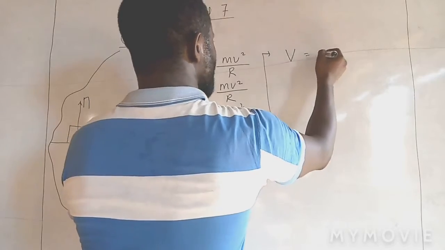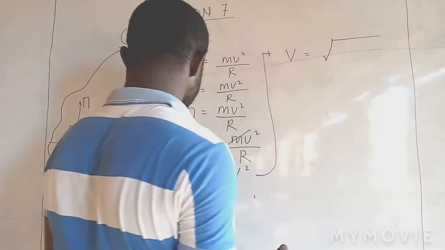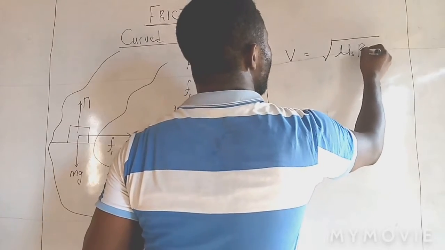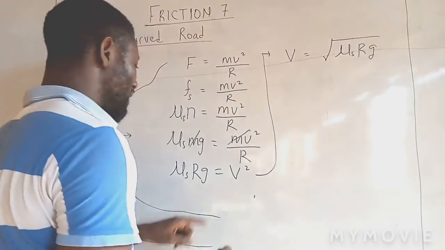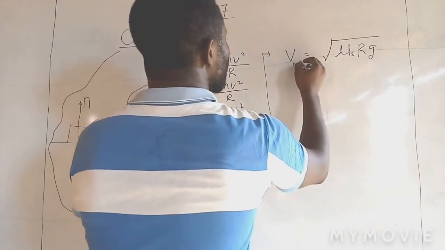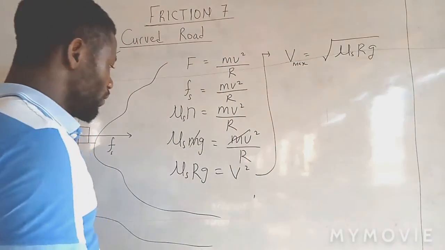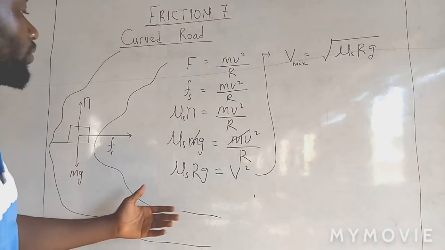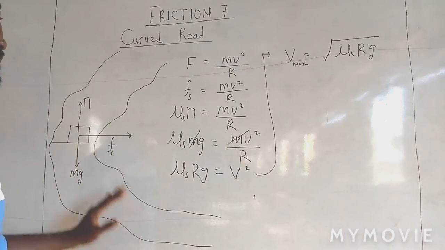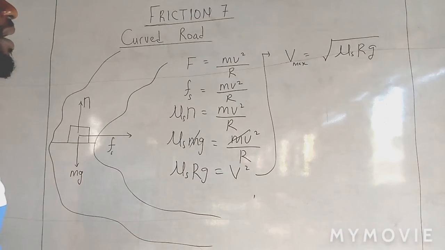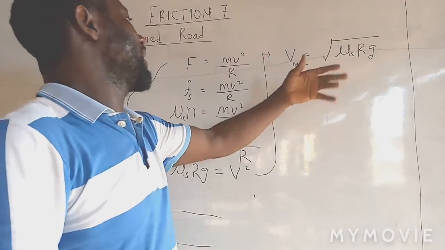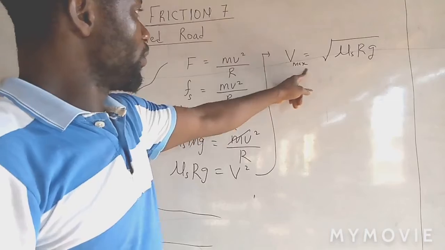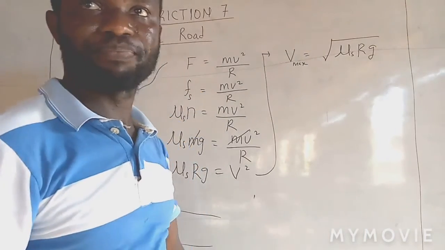V is equal to square root mu s rg, and this v is the maximum speed with which a body moving along a curved road can move without skidding. We can put any value here and we get the maximum speed with this formula.